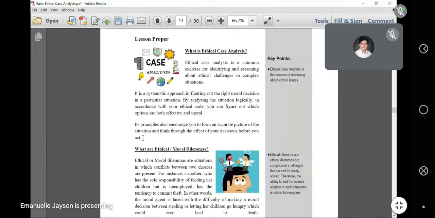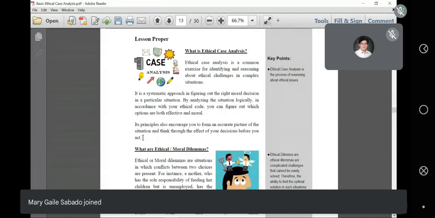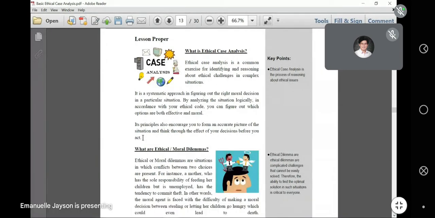Rampant ngayon yan kasi because of this virtual setting that we have, online class setting, merong temptation na mag-cheat kasi hindi nakatingin sa'yo yung teacher or kaya mga kaklase mo walang tumitingin sa'yo. So the temptation is there, but it is up to you as a person whether you would give in to the temptation or not, whether you would become ethical or unethical.